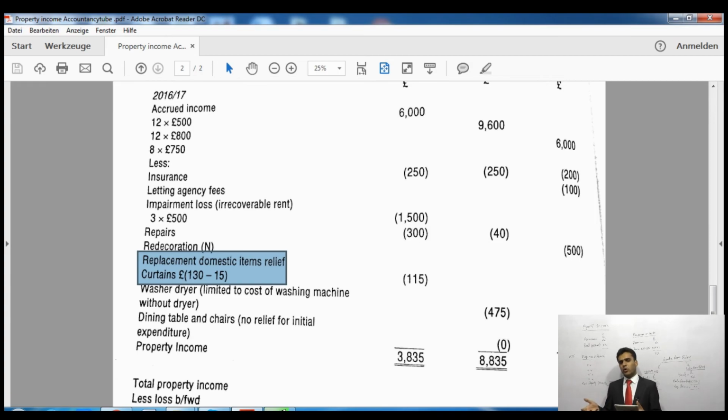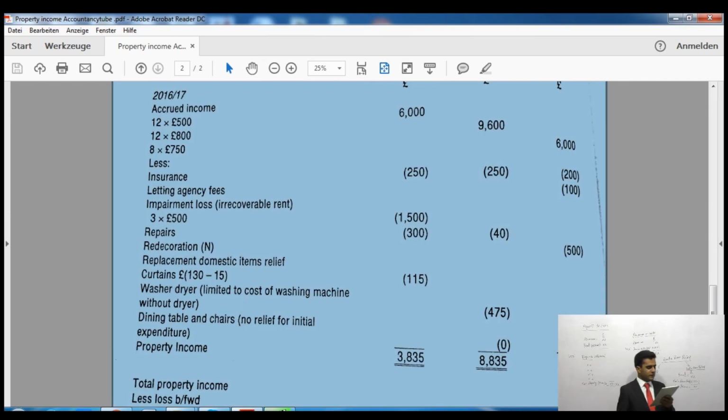Now the one which he is going to replace is only a washer. So it is one of these cases. I told you in the previous lecture, the old item and the new item which he's going to replace must be of the same category. If it is not of the same category, then we will have to take the proportionate cost of it. So that's why it is limited to the cost of the washing machine, which is given on top of this page.